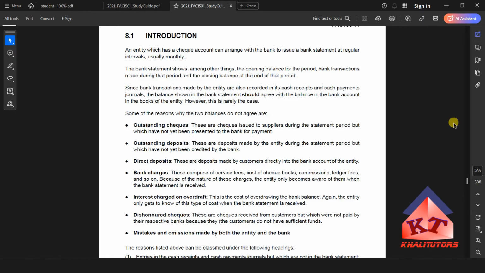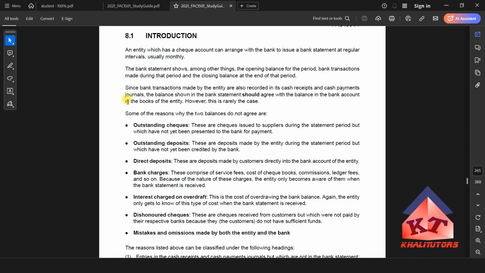If you recall all the transactions that we discussed in this module, you'll realize that the bank keeps a record of the transactions of a particular company, and the company itself records the transactions that take place. So what normally happens is that the bank and the company arrange that at the end of the month the company will receive a bank statement.